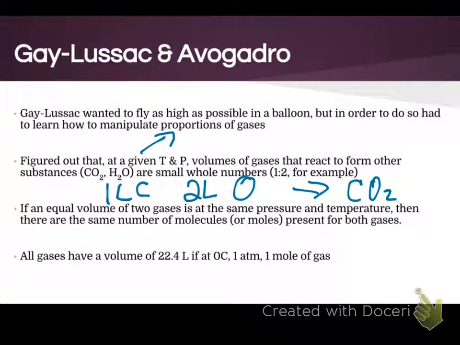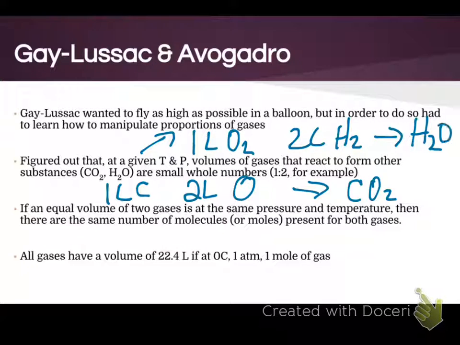Or if I take a better example, since carbon gas isn't actually a real thing at atmospheric pressure: 1 liter of oxygen gas and 2 liters of hydrogen gas, I'll always get a perfect amount of water. It's water in the gas phase, actually. That particular reaction doesn't work for making air balloons because it's explosive. It's a big explosion. So that one wouldn't have worked in his balloon, but it's the right idea to get him able to go up higher and higher and higher.